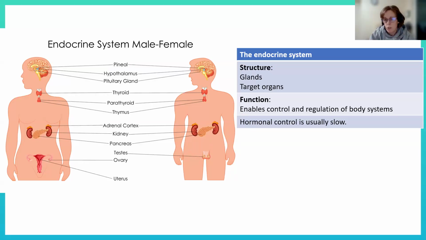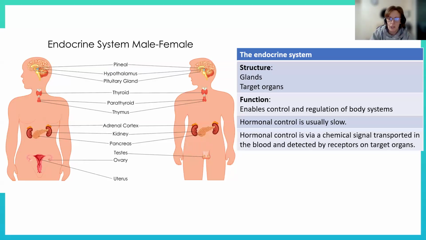So think of slow, long-term responses: puberty, pregnancy, the monthly hormonal cycle in women. So normally quite slow. It can be quite quick though, like as I've already mentioned, the effect of adrenaline is pretty rapid. So it's not all super slow. Some of it is fairly fast.